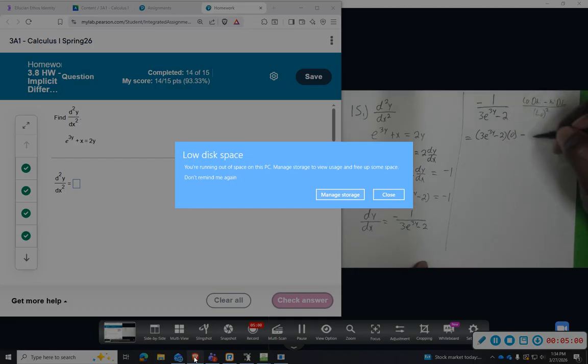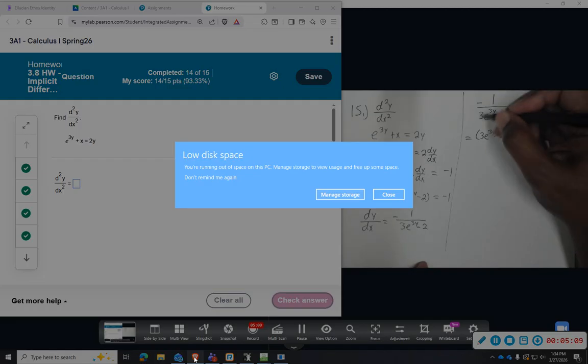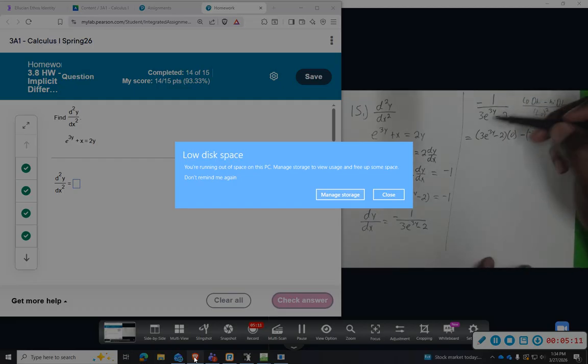Low d high minus high, so this is negative 1, minus high d low, the derivative of the bottom. So we're going to do derivative of 3e to the 3y. So the constant will come out. Derivative of e to the power is going to be the same. So it's going to be e to the 3y times the derivative of 3y.